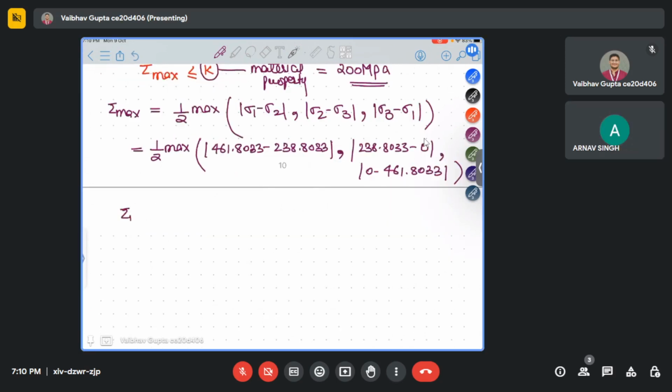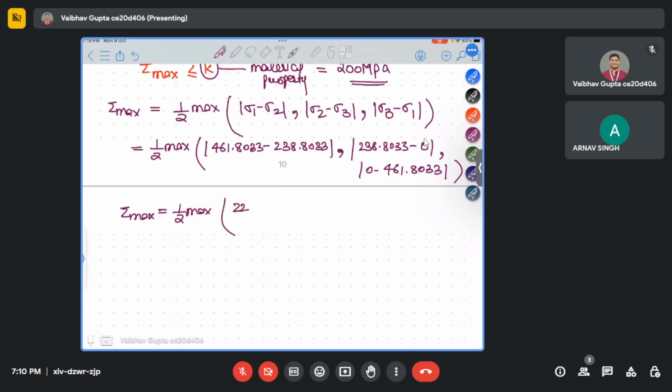So tau max will be equal to half of the maximum of: first will become 223, I guess, I have to check, one second. Yeah, 223.